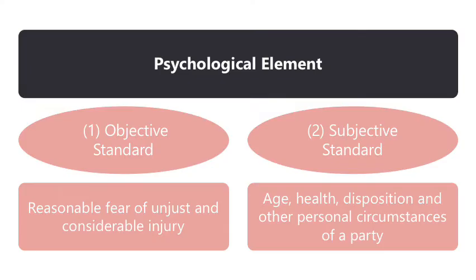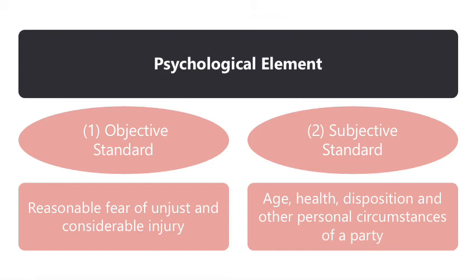The psychological element of duress is evaluated under both an objective and subjective standard. The objective standard looks to whether the fear was reasonable, whether a reasonable, ordinary, prudent person would be fearful in that situation of unjust and considerable injury.